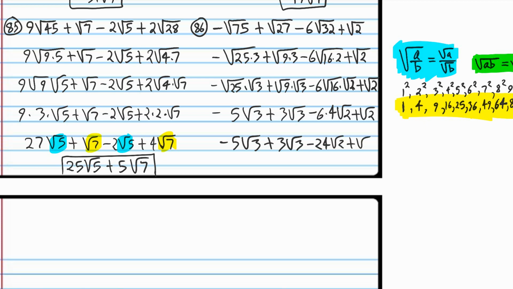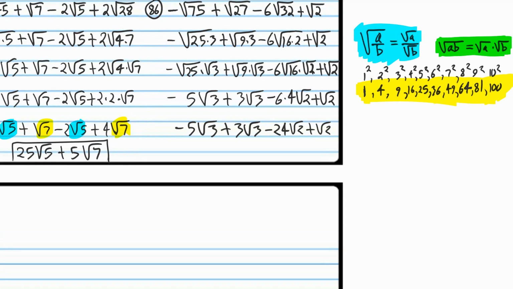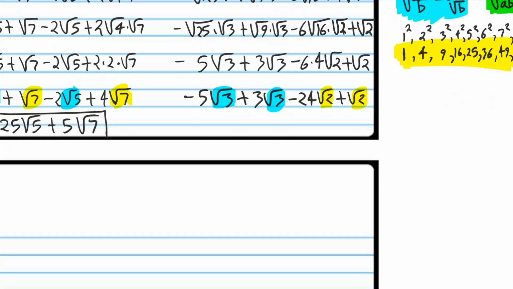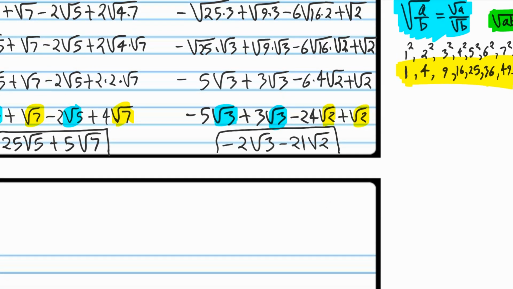And as you can see, we have root 3s and we have root 2s. So you can only combine the blue numbers with other blue numbers and yellow numbers with other yellow numbers. So -5 plus 3 is -2. And -24 plus 1 is -21. And that's all we can do. So let me just double check. Whoops, that shouldn't be 21. I'm sorry. That should be 23.